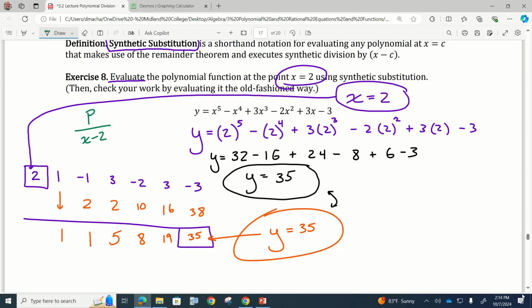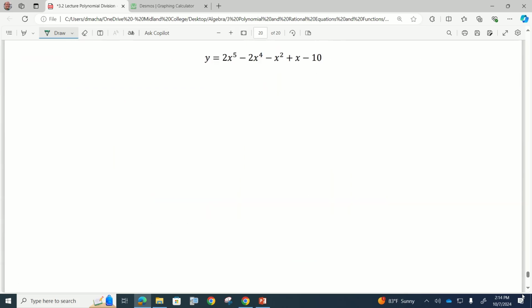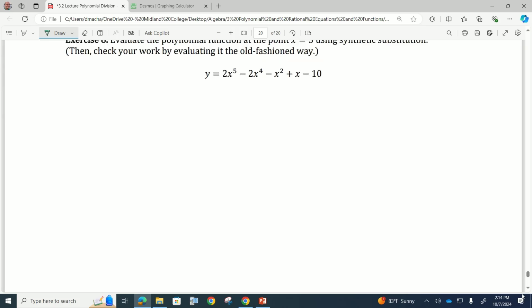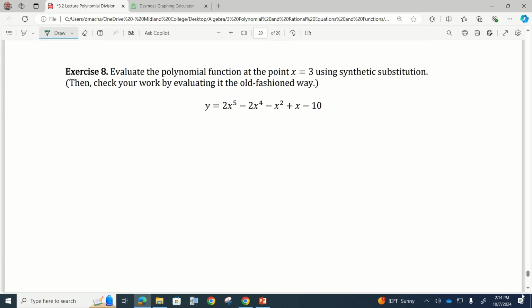And then my remainder theorem says, well, if I do P divided by x minus 2, the remainder that I get, which always ends up in that bottom box, is going to be equal to my polynomial evaluated at 2. And that's why synthetic substitution actually works. And we know it works for every polynomial. So we're almost done. We'll just do one more example. And then we'll head home.